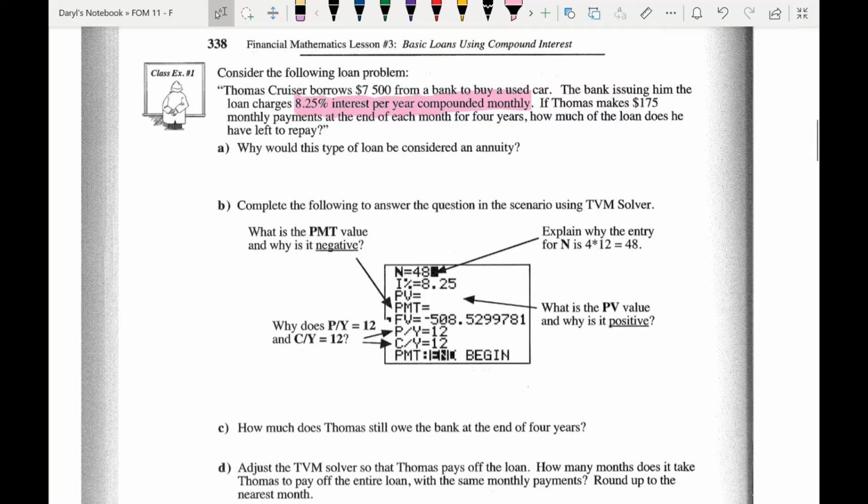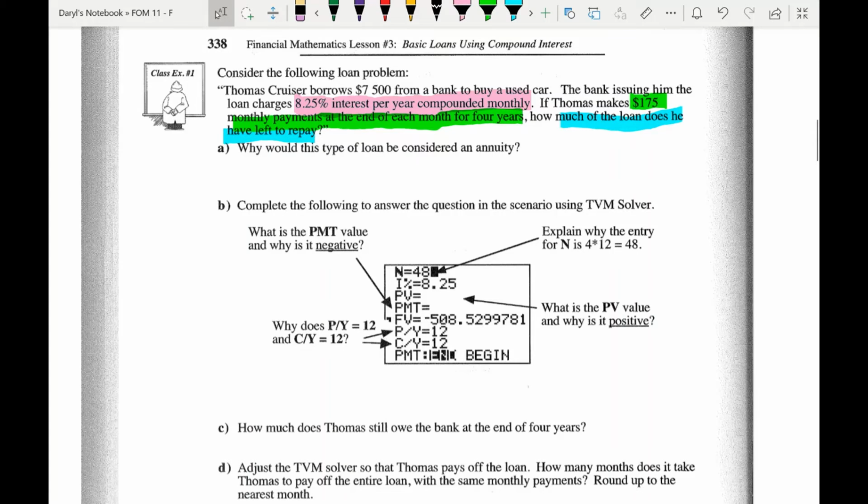If Thomas makes 175 monthly payments at the end of each month for 4 years, how much of the loan does he have left to repay?